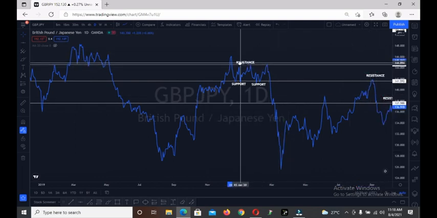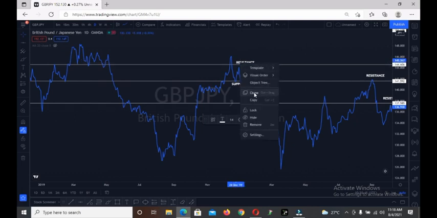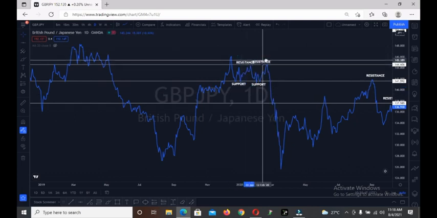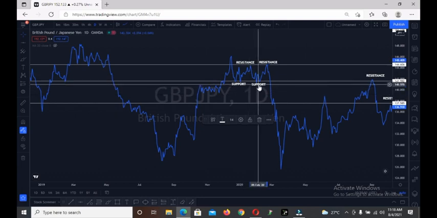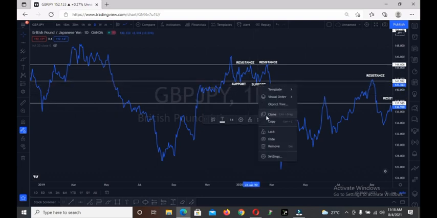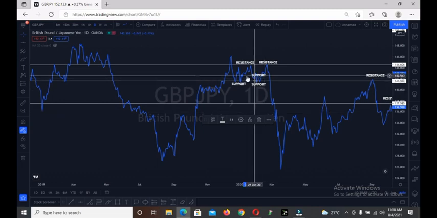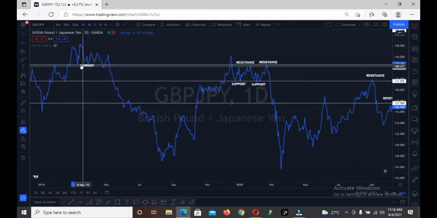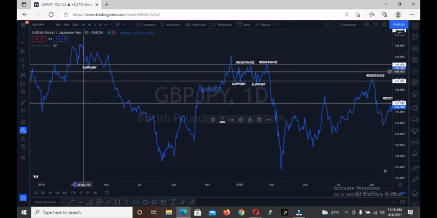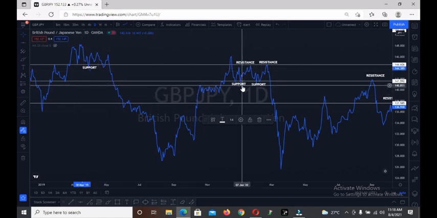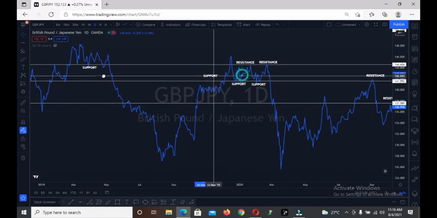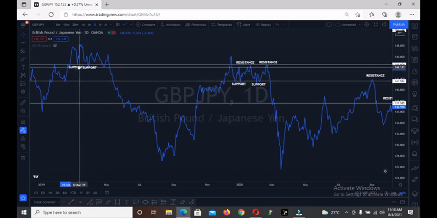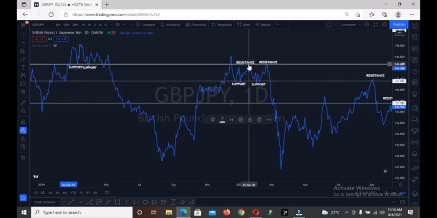Here is a typical example of resistance, resistance, support, support. Then we have another resistance here.